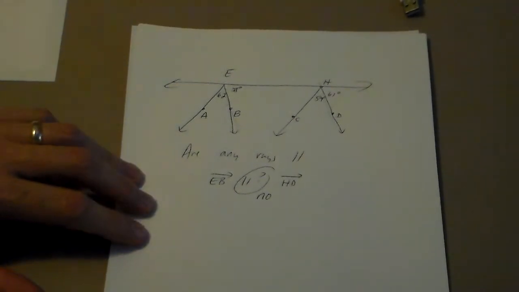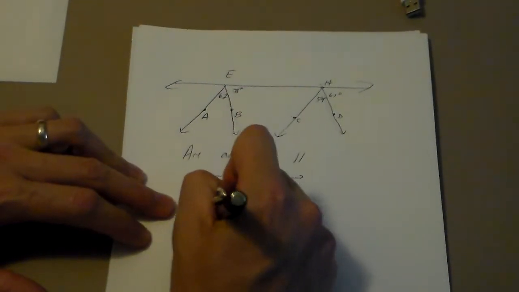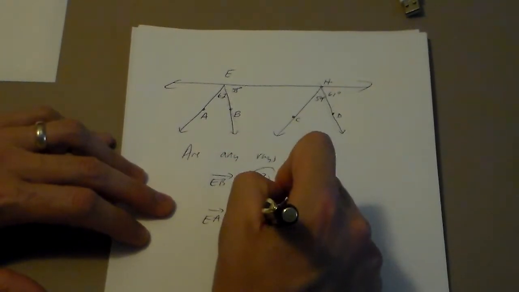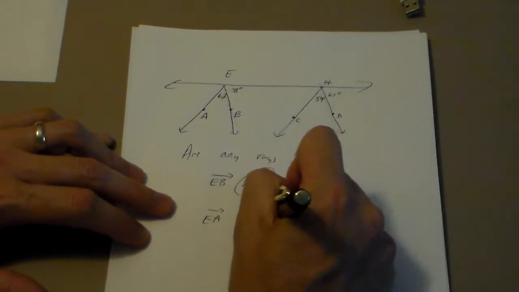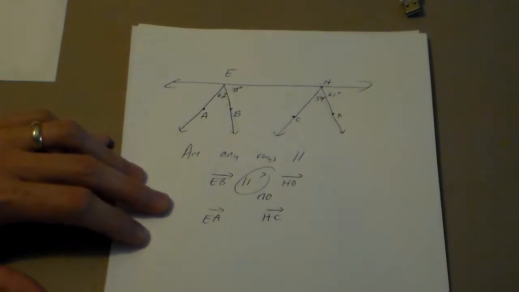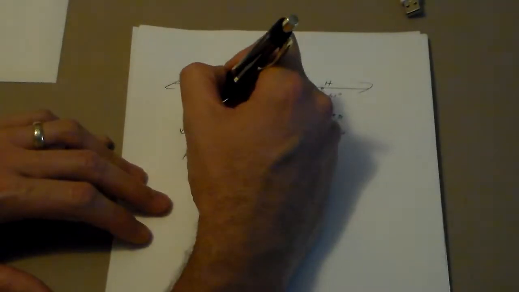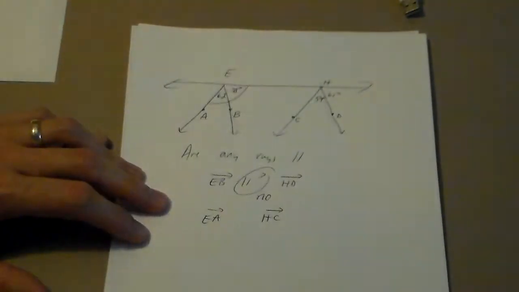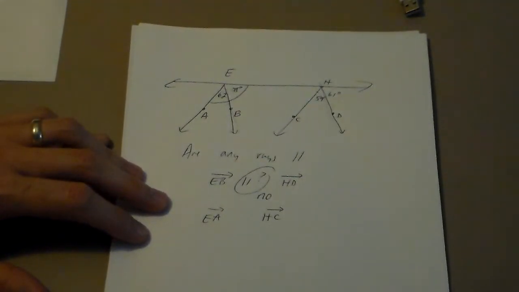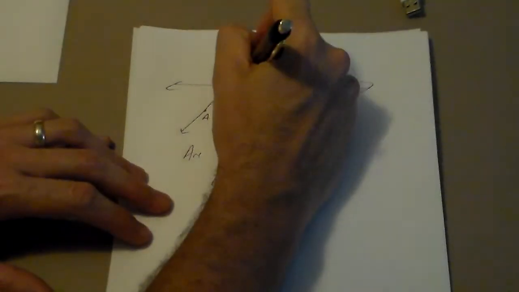Now let's look at ray EA and ray HC. We're going to look at the same rule. We're going to try to see if their corresponding angles are equal. This angle right here is 62 and 58, and 62 and 58 is 120.